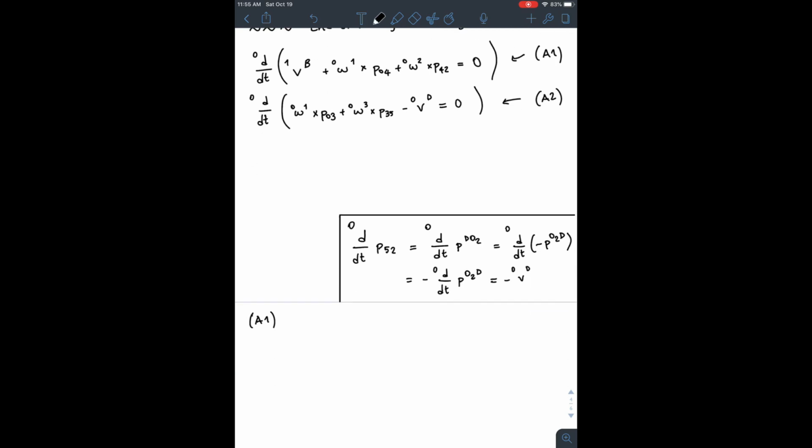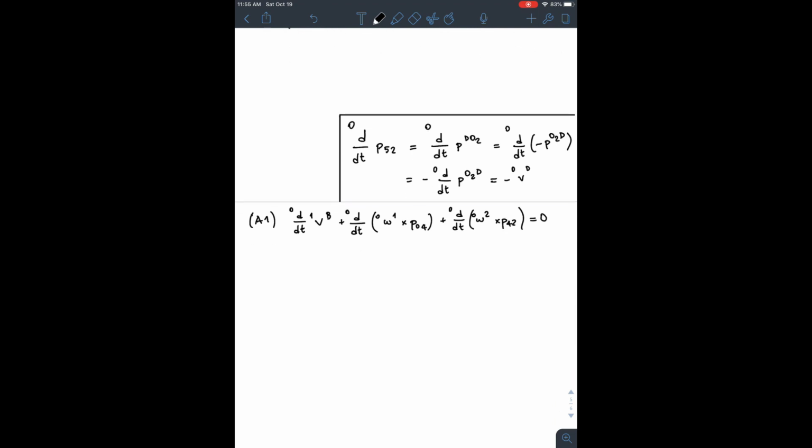So I need to take the derivative. I need to distribute the derivative first. So let's do that. d/dt in 0 of velocity of point B in 1 plus d/dt in 0 of angular velocity of 1 in 0 cross P04 plus d/dt in 0 of the angular velocity of 2 in 0 cross P42 equals 0.